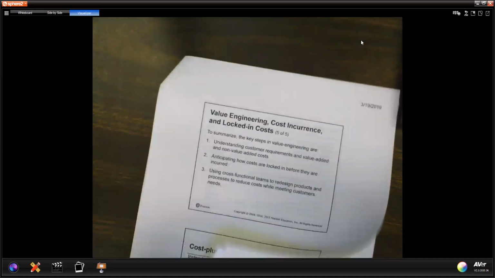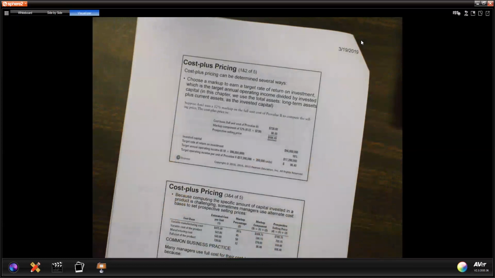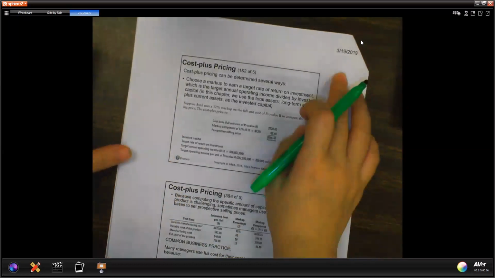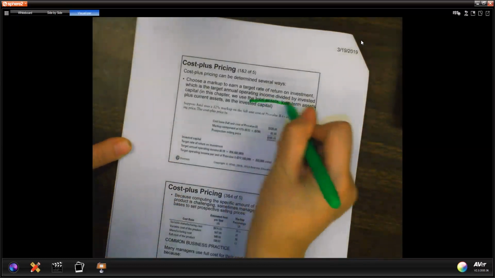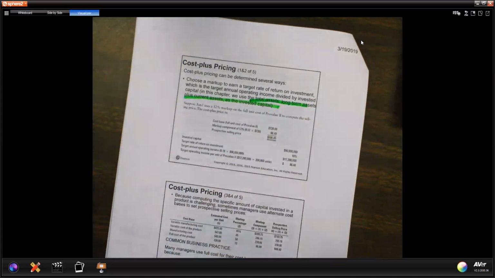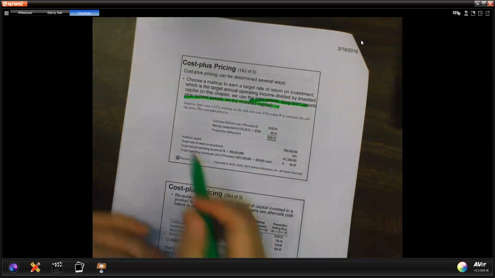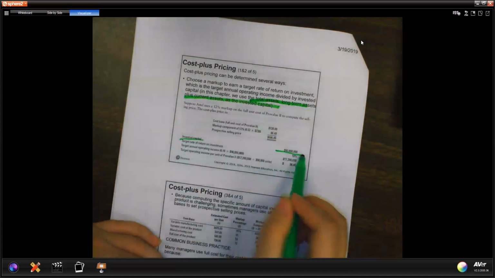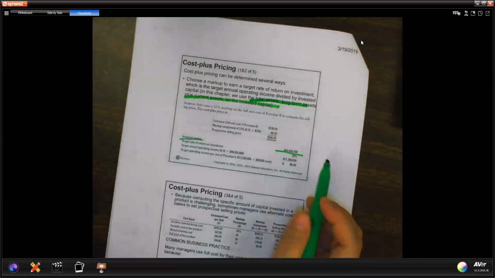Okay, so let's look at this example. This is from your textbook. So we said in this chapter, we use our total assets, long-term assets plus current assets, as our investment. So you have your total investment of 96 million. We said that the return has to be 18%.